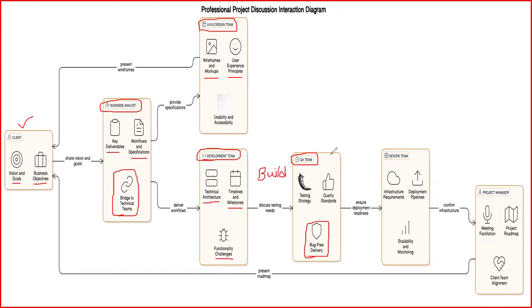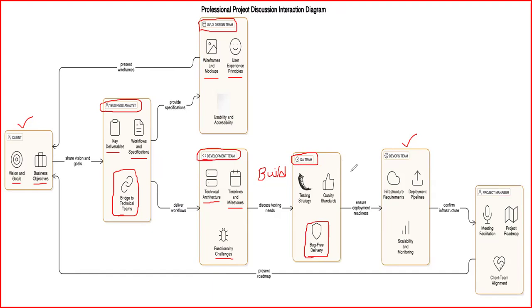Once the QA team gives the approval that functional testing is completed and everything is working fine as expected, then the DevOps team is going to come into the picture. The next step, once the QA team completes the testing, is that we need to make that particular application go live.